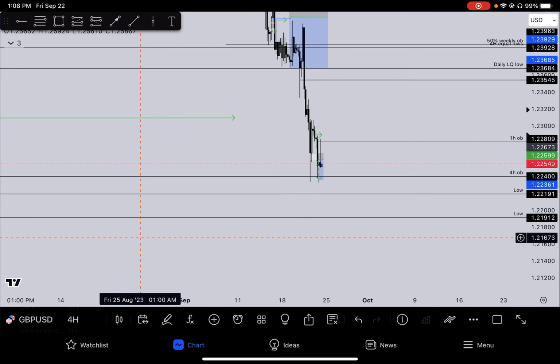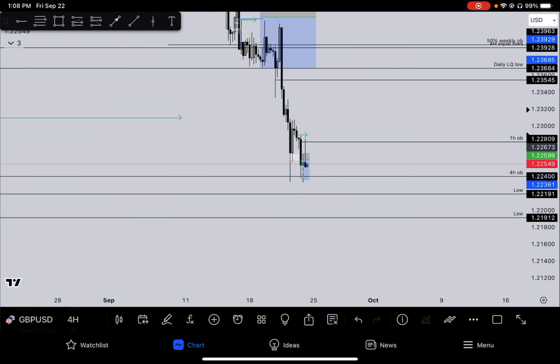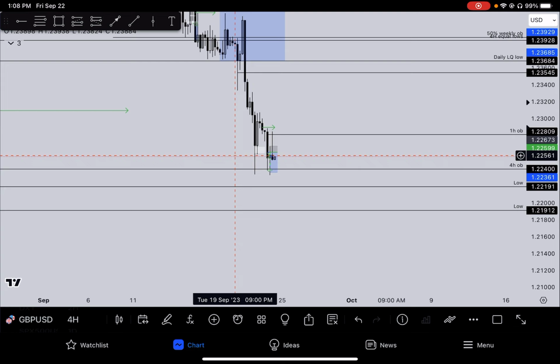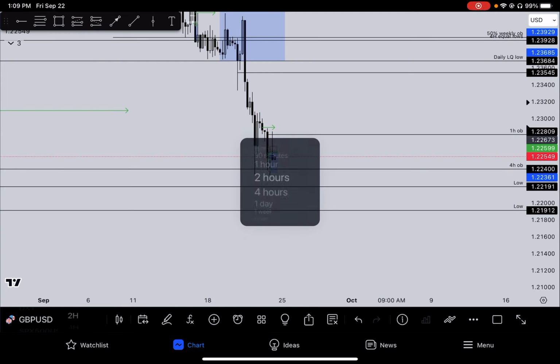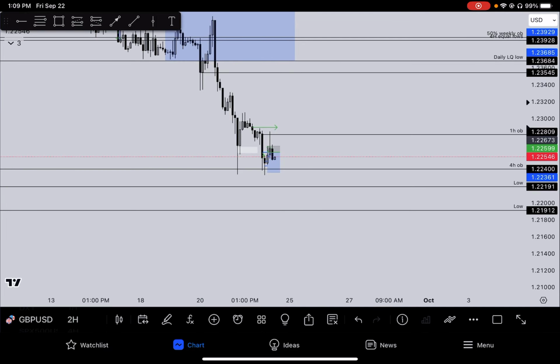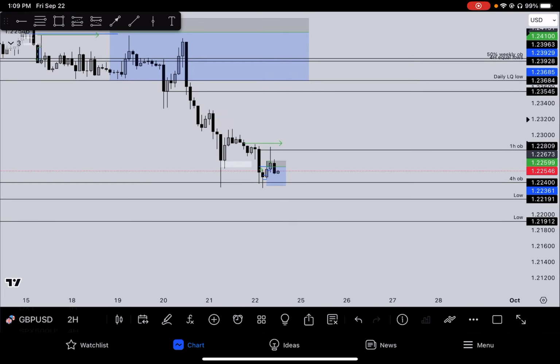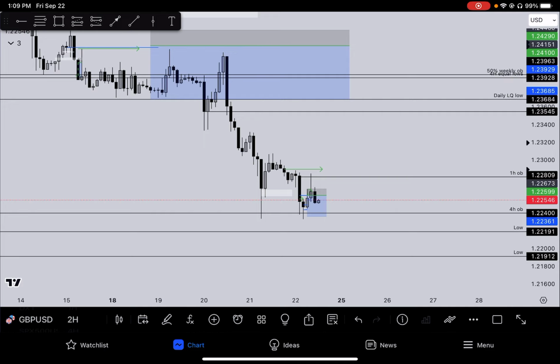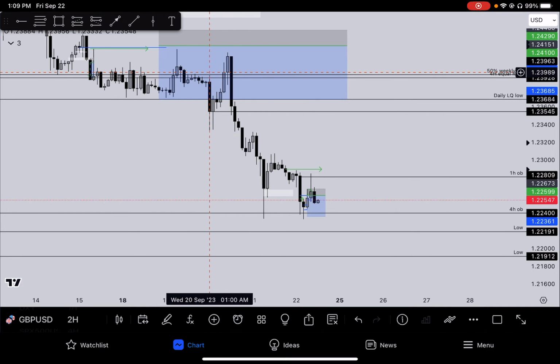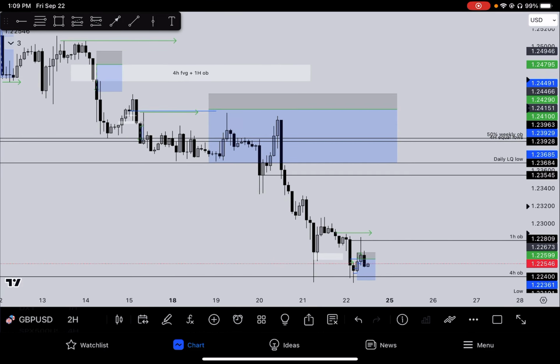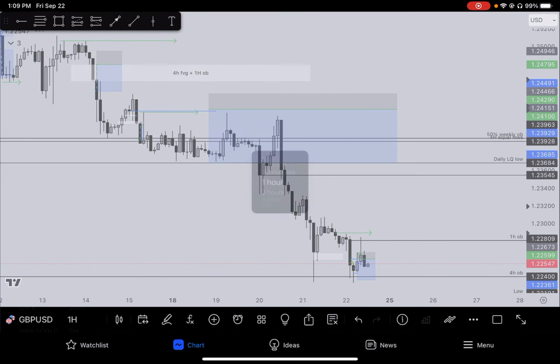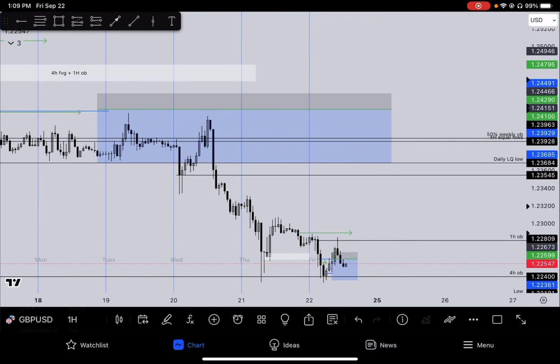As we can see here, we tapped into the 4 hour order block once, twice, three times. Let's go into the 2 hour just so we can see market structure. This is what we get. I'm going to start with this one at the top first. This was a Tuesday, Wednesday.